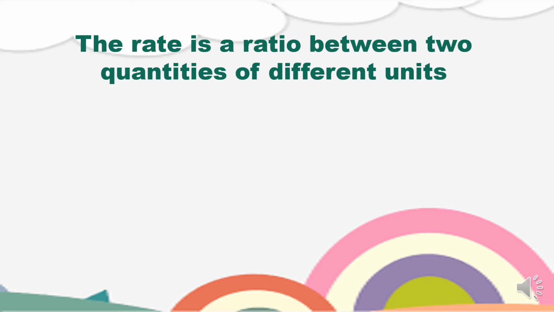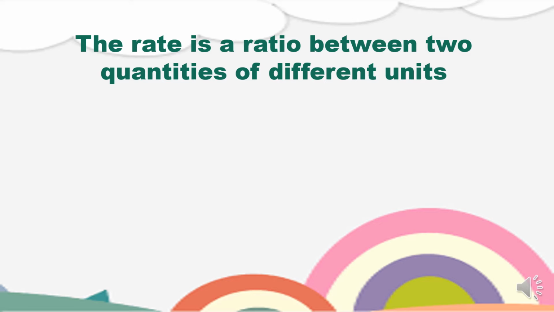That means the speed of the car is 80. Also, what's the meaning of the speed? The speed means that in each 1 hour this car covered 80 kilometers. This is the rate, Junior 6.